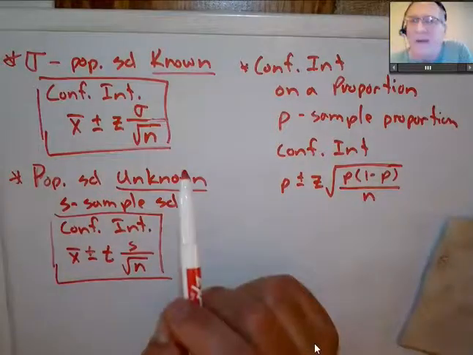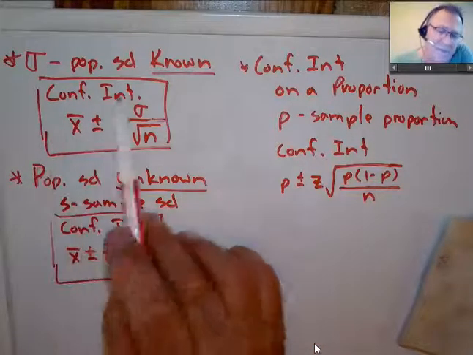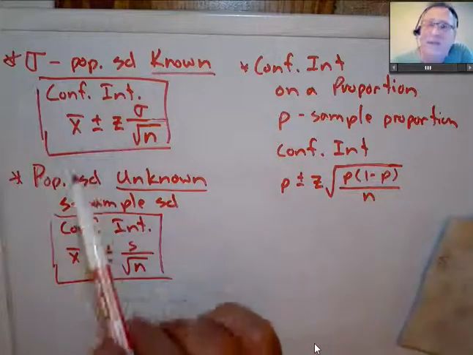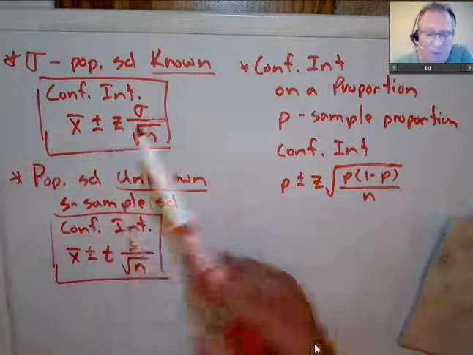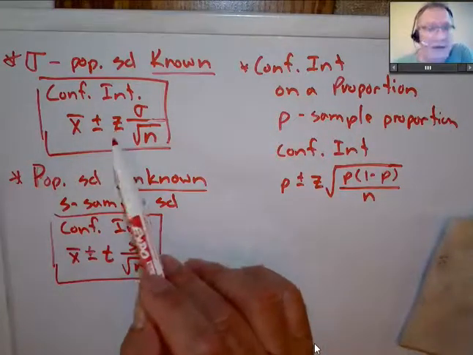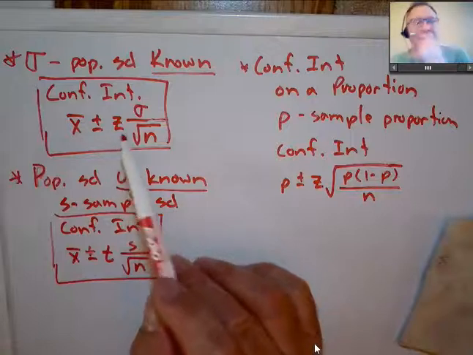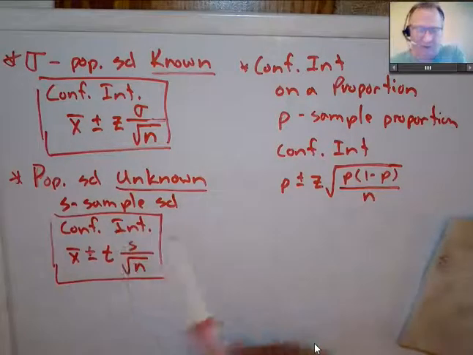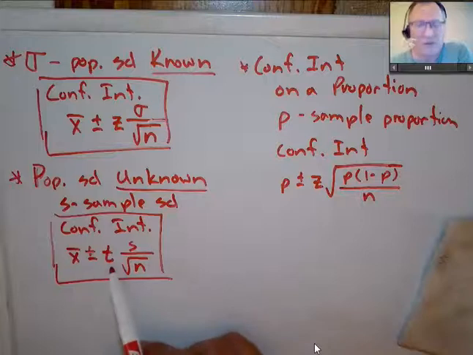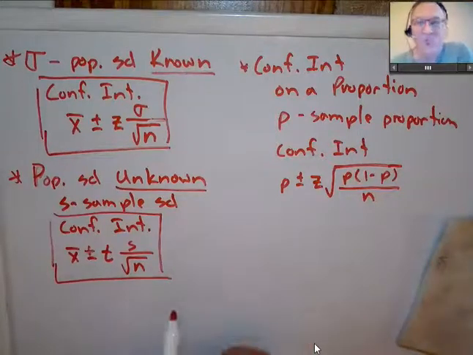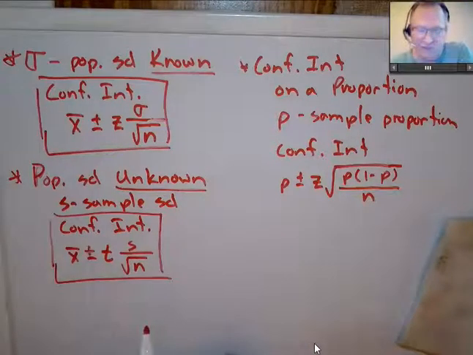Now, it might have made a little bit of sense when I said when we know the population standard deviation, we're going to use the z statistic, which is a little bit more liberal. It'll give us a little bit tighter confidence intervals. But when we only have a sample, we're going to use the t statistic, which is a little bit more conservative and going to give us slightly wider confidence intervals.